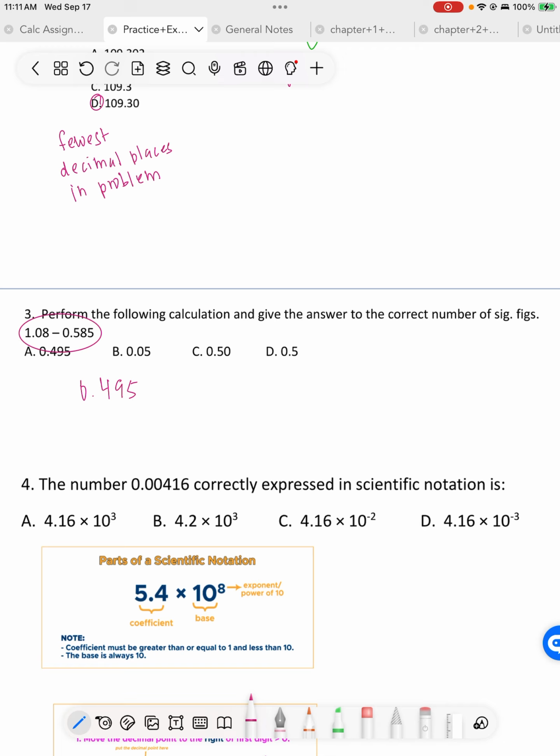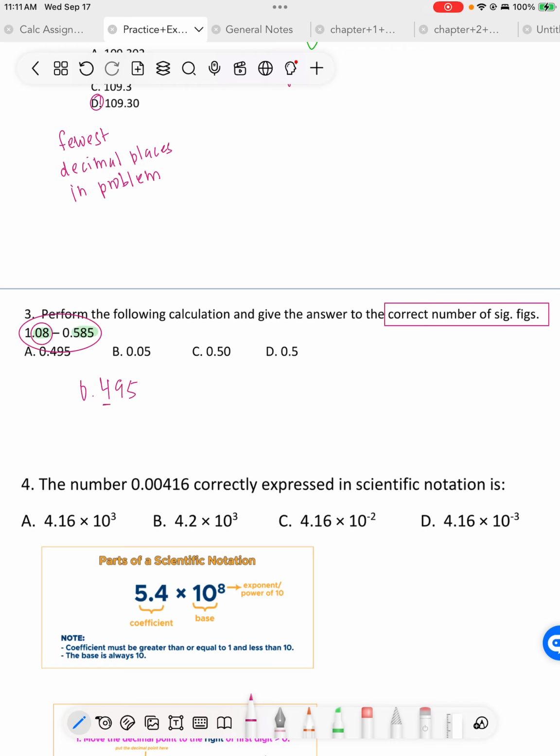0.495. And we need to go to the correct number of significant figures. We know that we want to go with the fewest decimal places in the problem. So here we have 2 decimal places, and here we have 3. We want to go with the 2 decimal places.